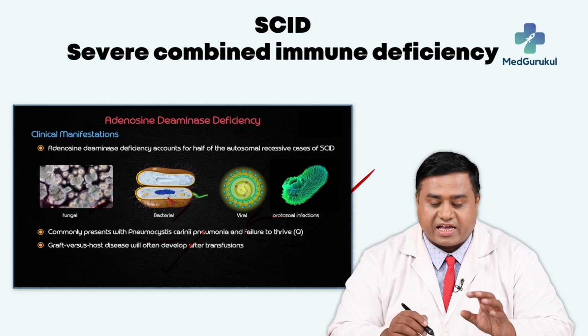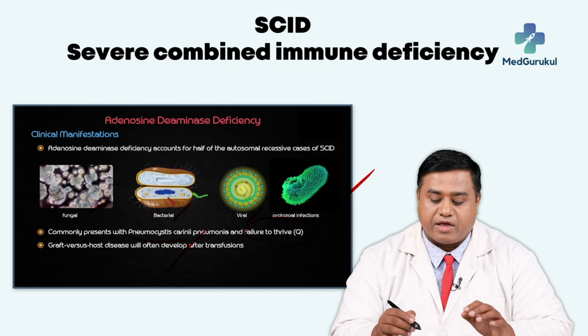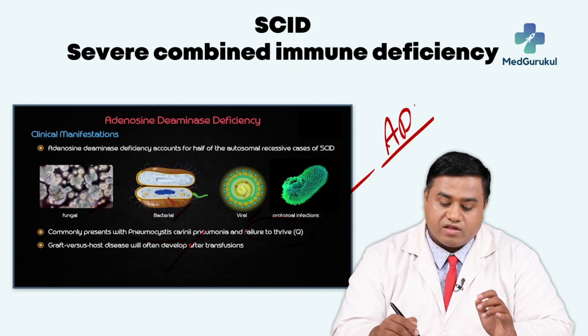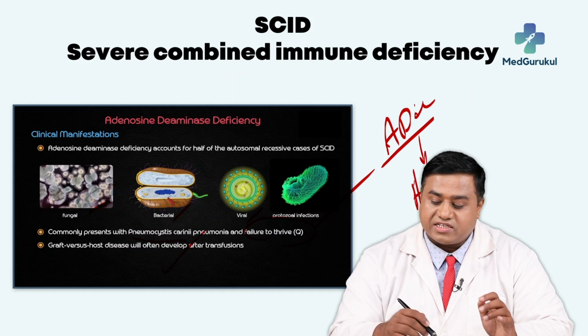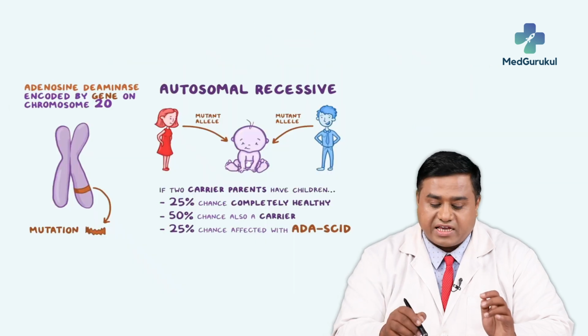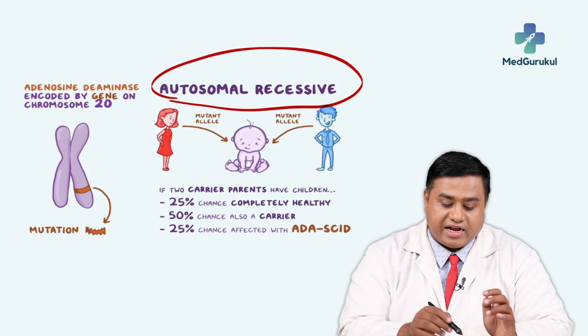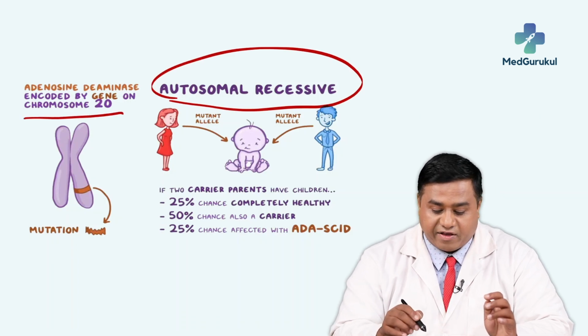So, this patient can be treated by supplying adenosine deaminase into the hemopoietic stem cell, and this case is usually autosomal recessive and it is present in chromosome 20.